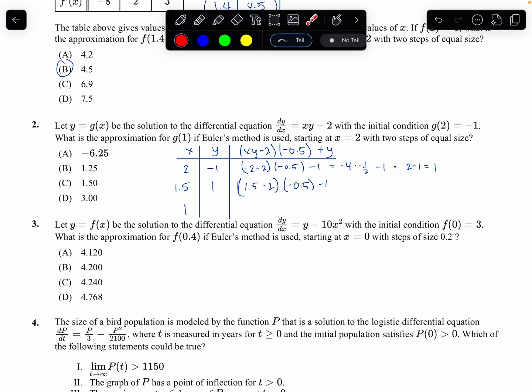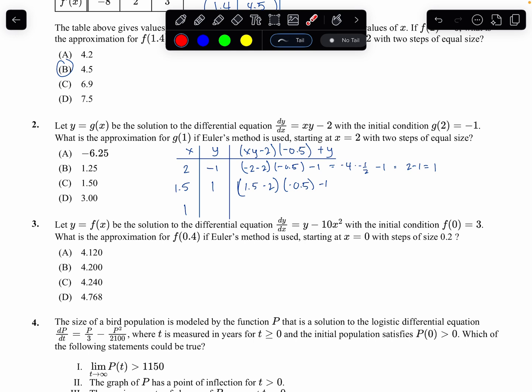So 1.5 and 1, y is going to be 1, so we plug in, multiply those together, minus 2. 1.5 minus 2 multiplied by negative 0.5 minus 1.